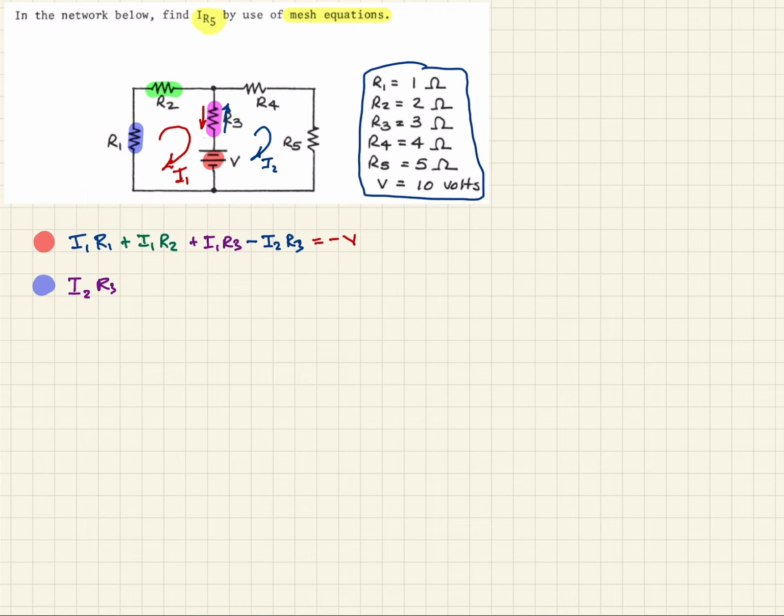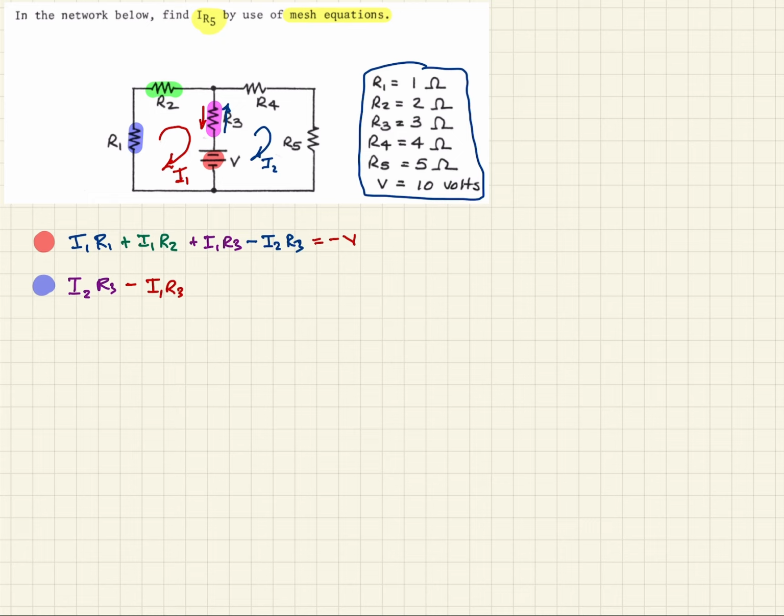So that'll be minus I1 R3. And actually, we can write that in red. That's what we did earlier, right? So you can see the difference there. So it's minus I1 R3.